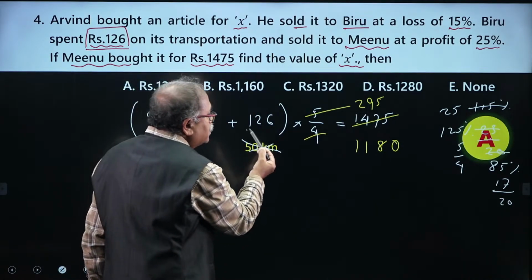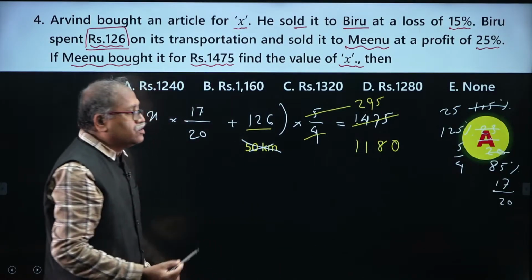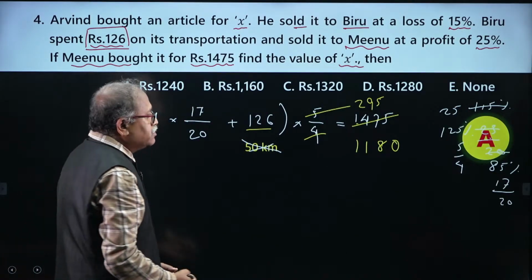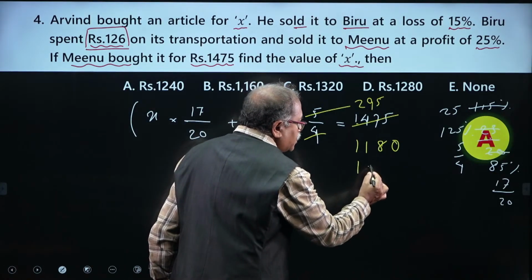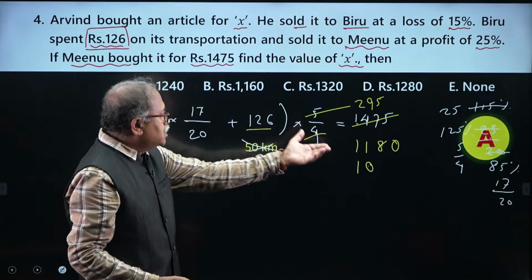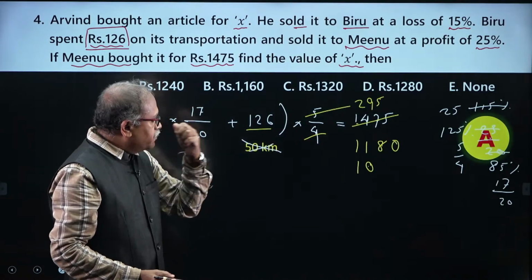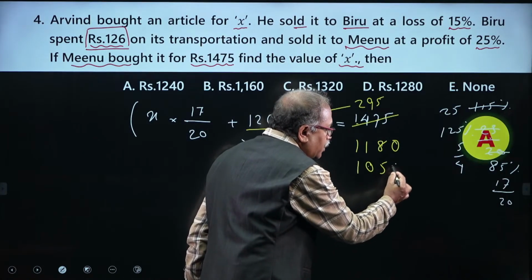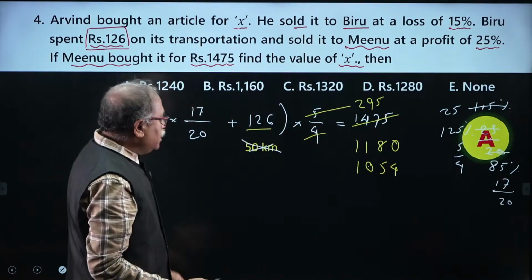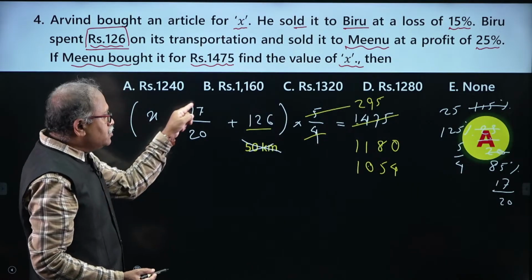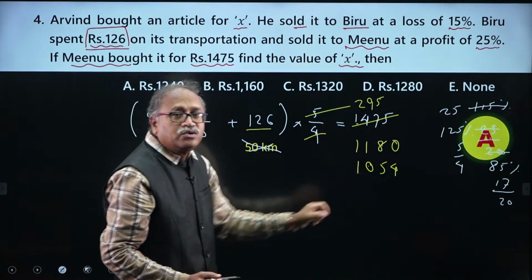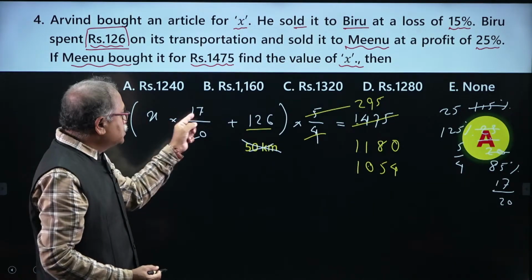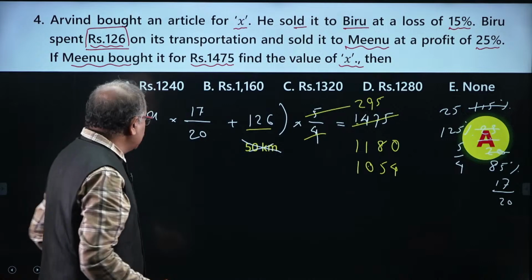So, take this 126 to the other side, it will become minus. So, that will be 1000 minus 26, and then 30 is 50 plus 4, 54. So, 1054. Now I get x into 17/20 is equal to 1054. Let us check that this number gets cancelled by 17 or not.